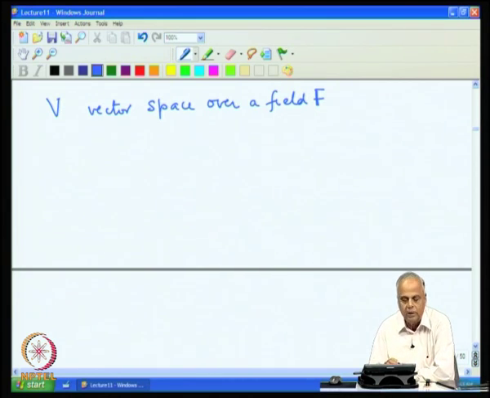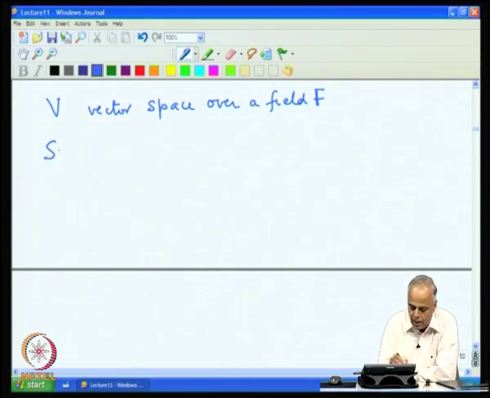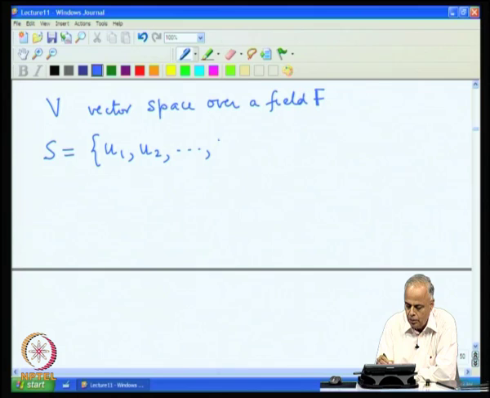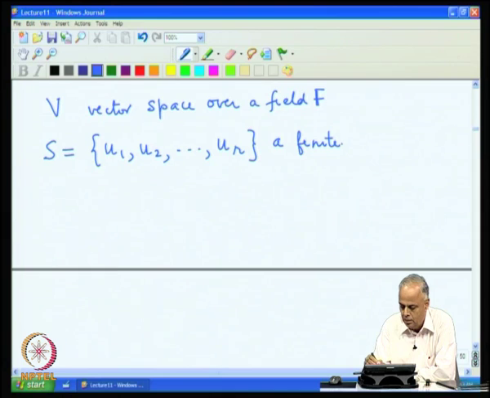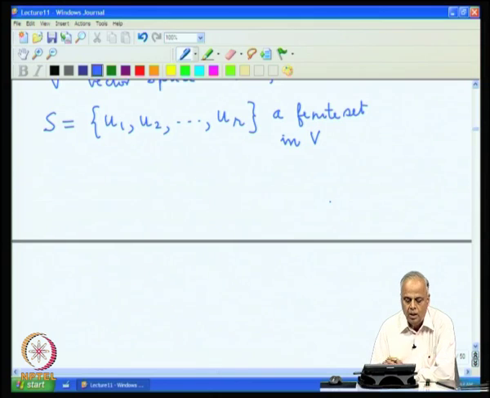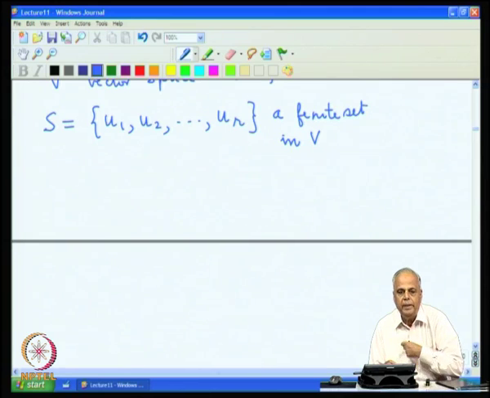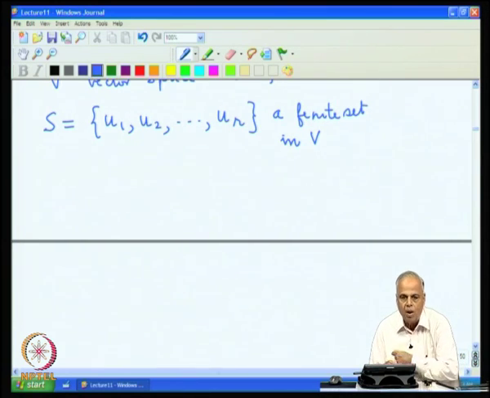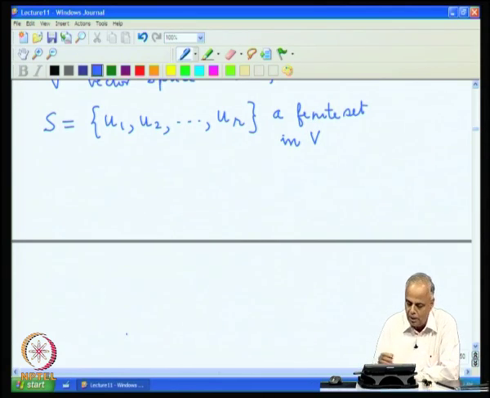So, let us take a vector space V over a field F and let us take a finite set S, u1, u2, ..., ur, a finite set in V. Now, we have seen in the last lecture that when we try to build newer vectors starting from the S vectors, using the operations of addition and scalar multiplication, precisely we get the linear combinations of the S vectors.